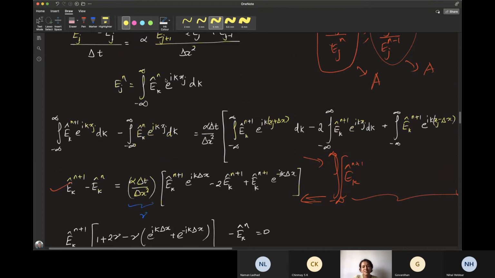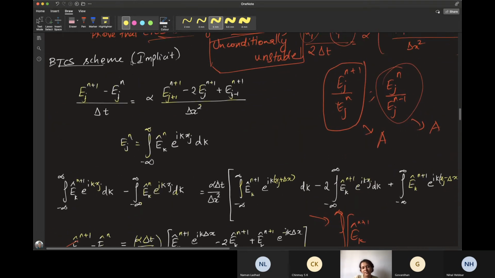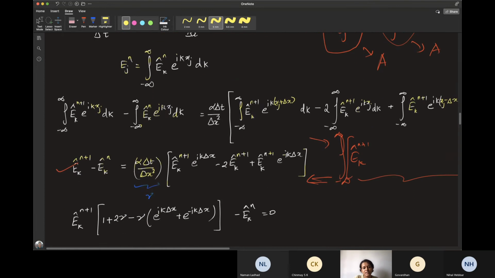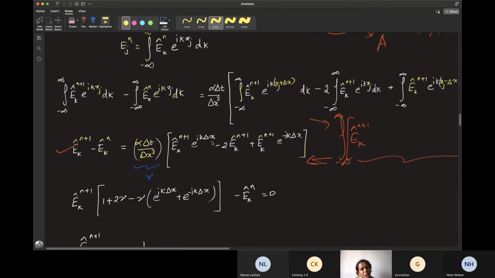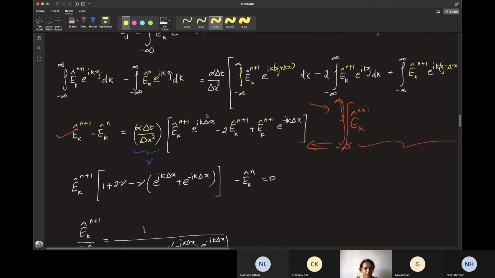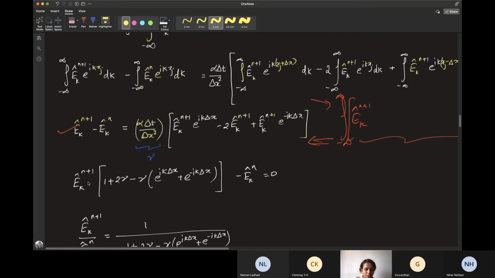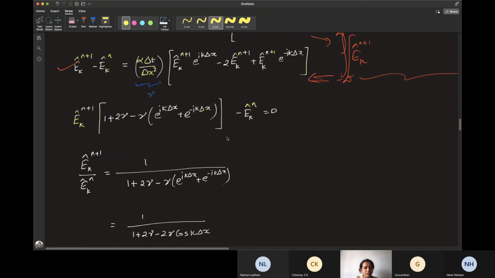Since BTCS is an implicit scheme, we'll have more terms at the n plus 1th time step and just one or two terms at the nth time step. So I'm just writing the terms in common here, corresponding to the error at n plus 1, and this is the error at n. So we get such an expression.